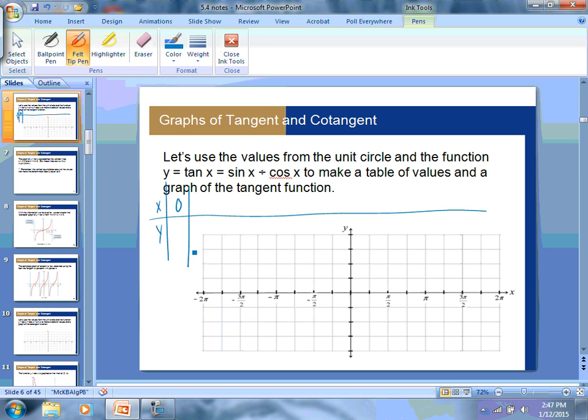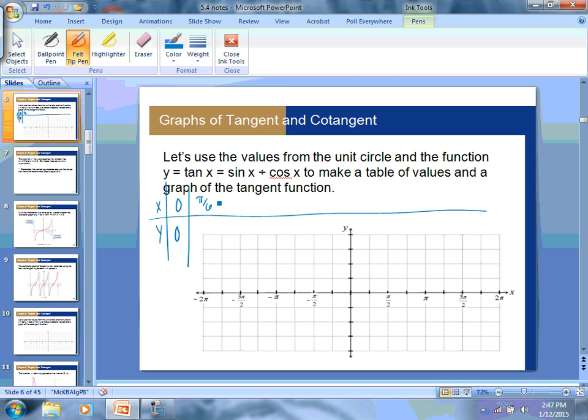Now, remember, tangent is going to be sine over cosine, so you want your unit circle, you want your terminal points as we go around the unit circle. If I'm starting at 0, then my sine and my cosine values are going to be 0 over 1, so that's just going to be 0.